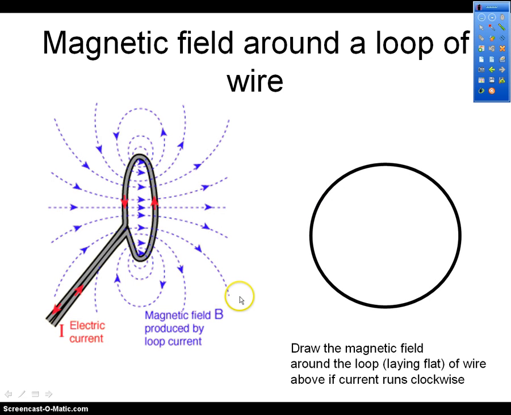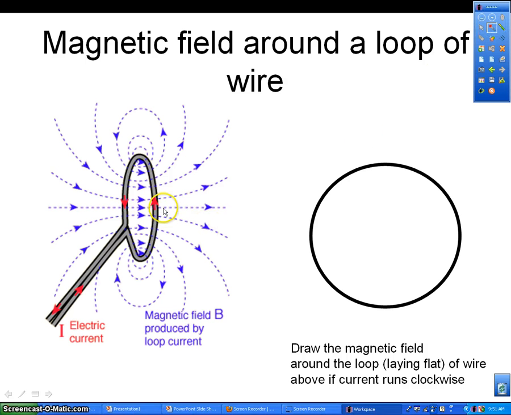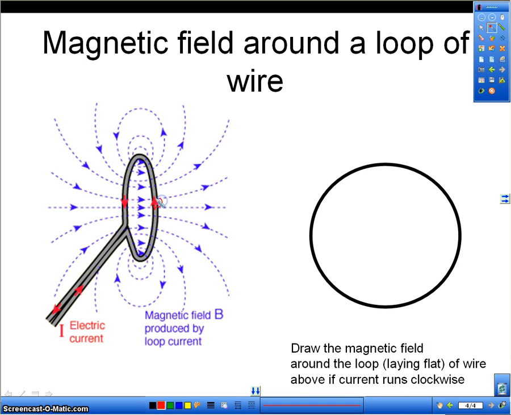All right, last little bit is how do we handle the magnetic field around a loop of wire. So if you think about this loop right here, if you put your fingers in the direction on the far side of the loop and swing your fingers around, they're going to go around the wire in this direction, right?